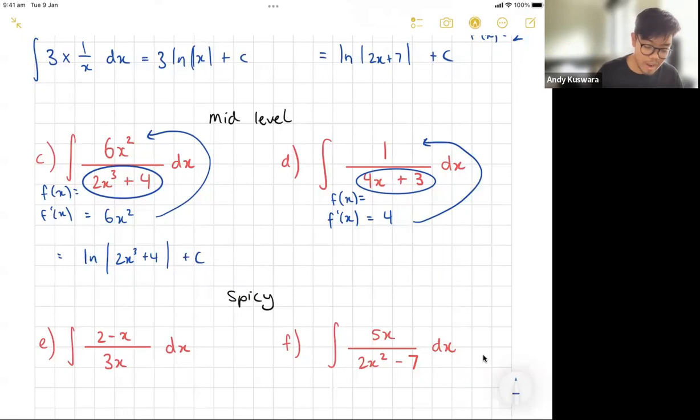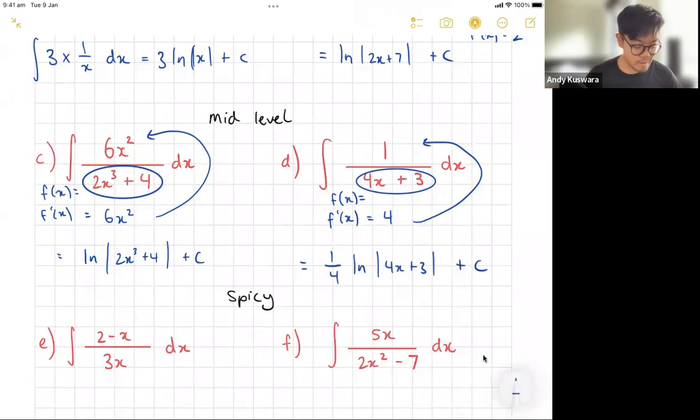So what's happening here is I kind of have to almost divide by 4, because it should be 4 on top, but it's 1. That means I've actually divided it by 4, or times it by a quarter. So this is going to equal 1/4 ln of my original 4x plus 3. And again, I should be using my absolute values and my plus c.